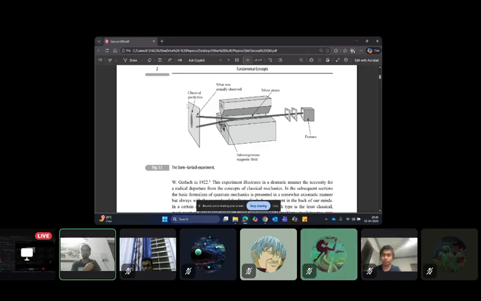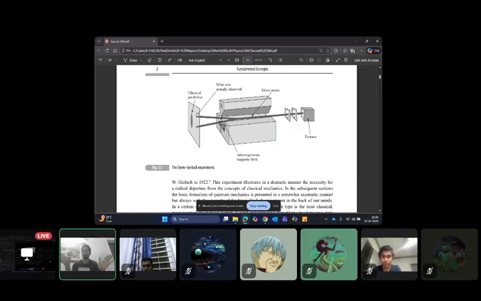And as we can see by classical prediction, we would have predicted that there would have been a continuous distribution on the screen. But what was actually observed was that there were only two positions on the screen where the atoms collided. So that is weird, basically.